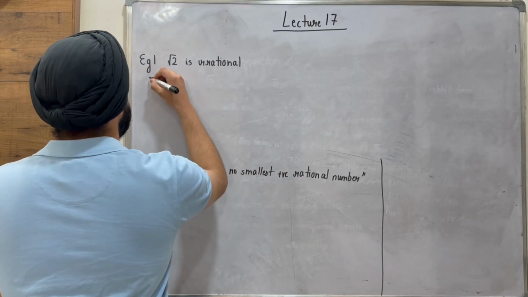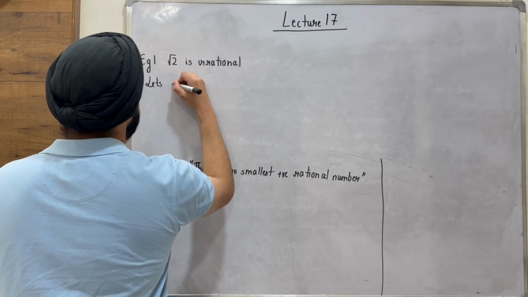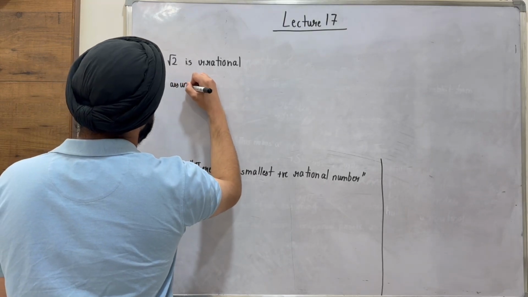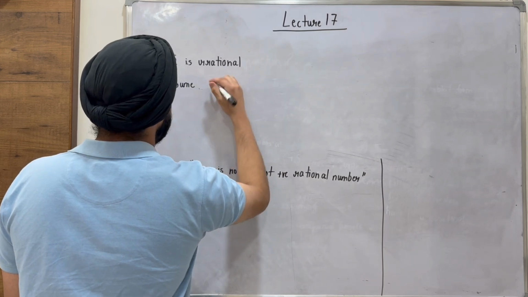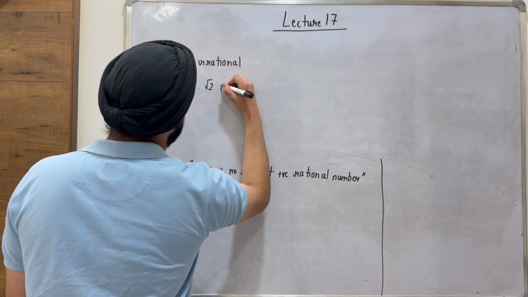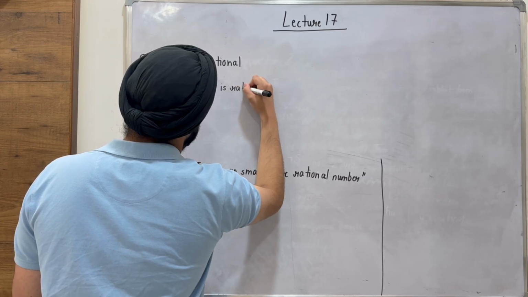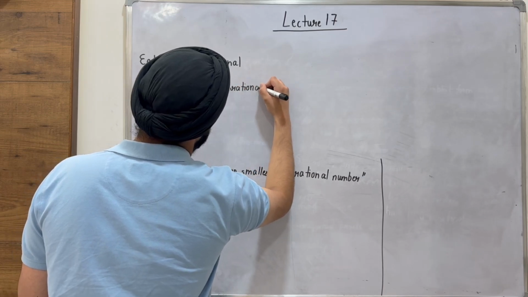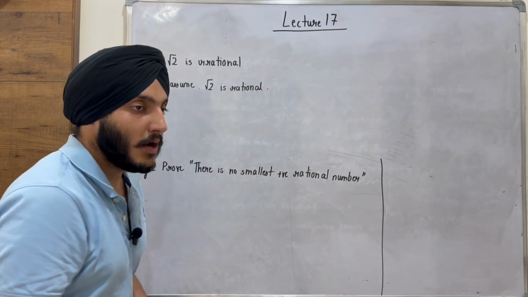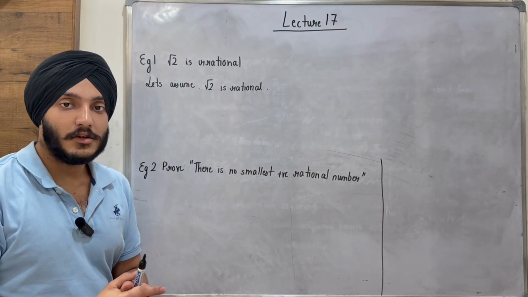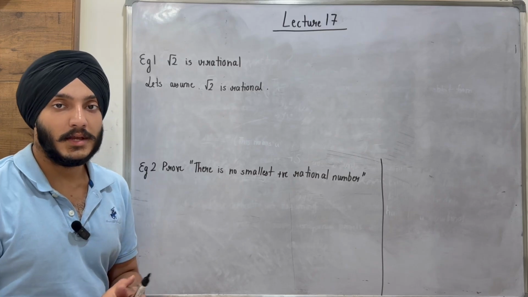So let's assume square root of 2 is rational, right? So think about it, right? If we know a number is rational, then it has to be of some form a by b, right?